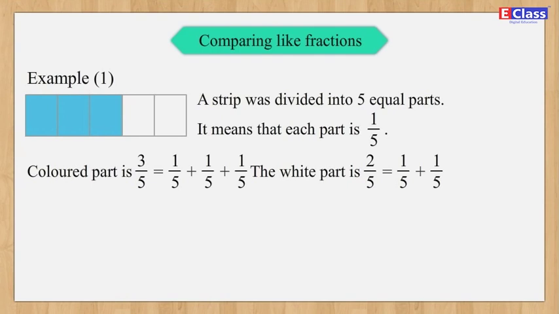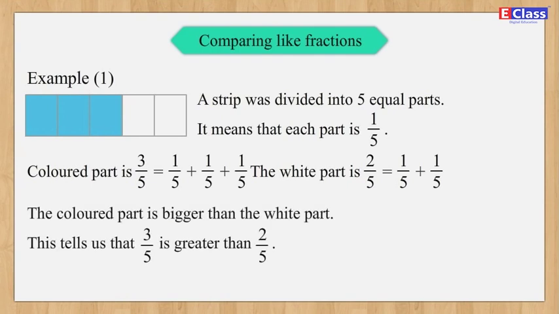The white part is 2 upon 5, which is equal to 1 upon 5 plus 1 upon 5. The colored part is bigger than the white part. This tells us that 3 upon 5 is greater than 2 upon 5. This is written as 3 upon 5 is greater than 2 upon 5.